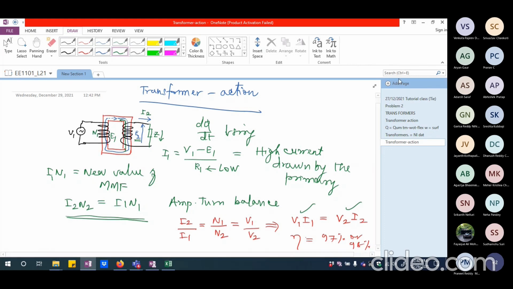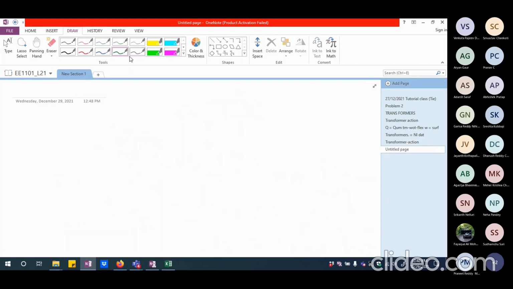Okay. So until now, whatever I have said is just recalling what we did in the last class. As an example, let me give you a simple numerical example to know the kind of flux values that we are going to have in a transformer.